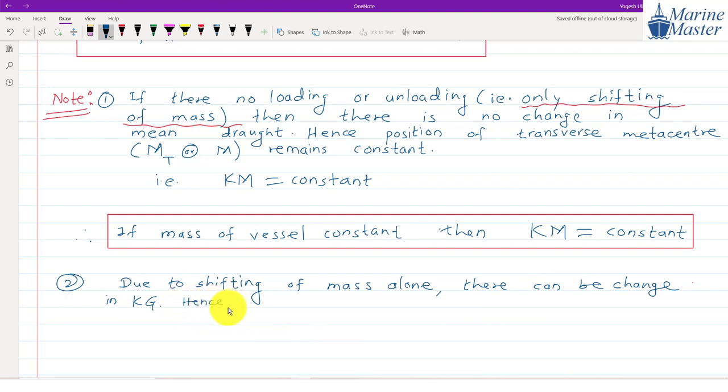Hence, GM can be changed in this case. Okay, guys, you got this point, everyone? Make it point number 1 and this one point number 2 in your notes.